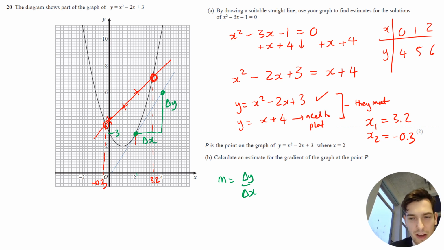So my change in y, I think, is going to be, well, how do I get from 3 to 6? From 3 to 6, it is 3. And what was my change in x? Well, to get from 2 to 4, it is 2. So my estimate for my gradient, 1.5.